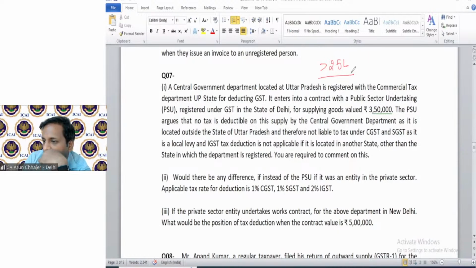Is it okay? Okay. If the amount exceeds 2,50,000, then 2% is the rate. 1% CGST, 1% SGST, or 2% IGST.